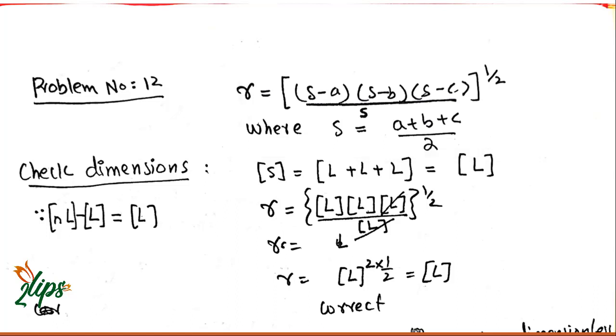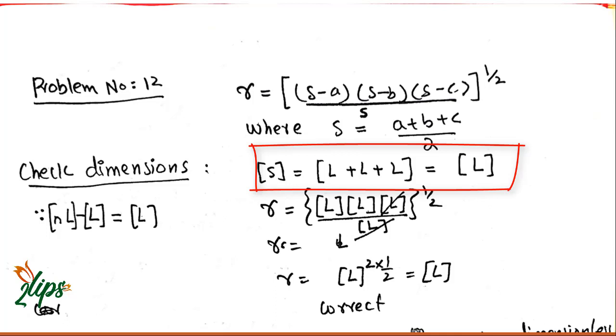Since a, b and c are the sides of the triangle, they have the dimensions of length. So L plus L plus L gives us the dimensions of L, because only those quantities can be added or subtracted whose dimensions are the same.